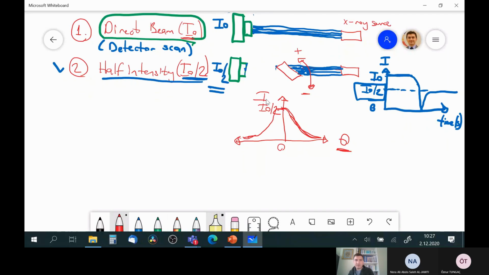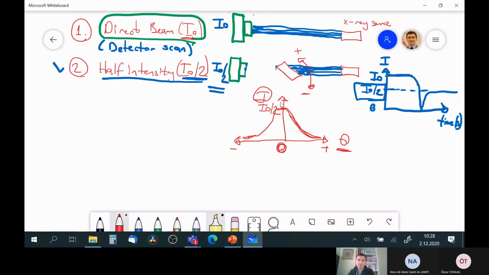So look at the intensity. This is the intensity axis. If you go to the negative side or the positive side, intensity will drop. And if the sample is exactly parallel to the beam, then we have the maximum intensity when the angle is 0.